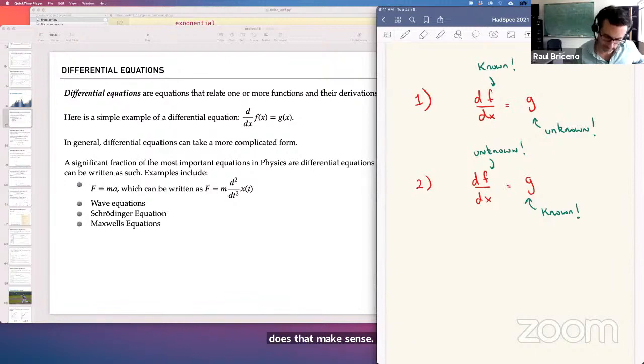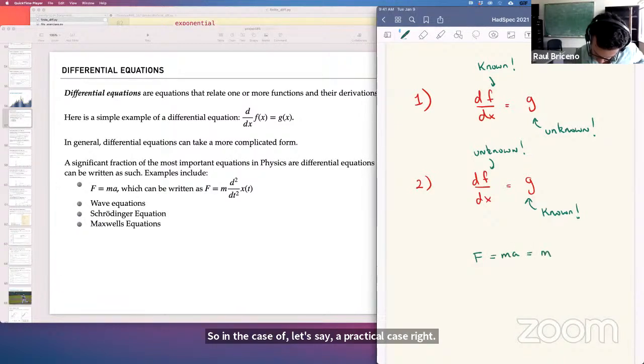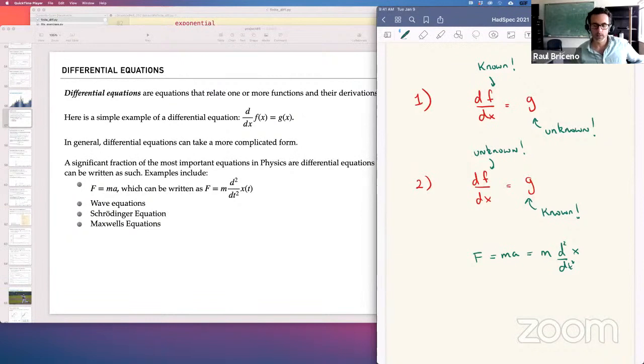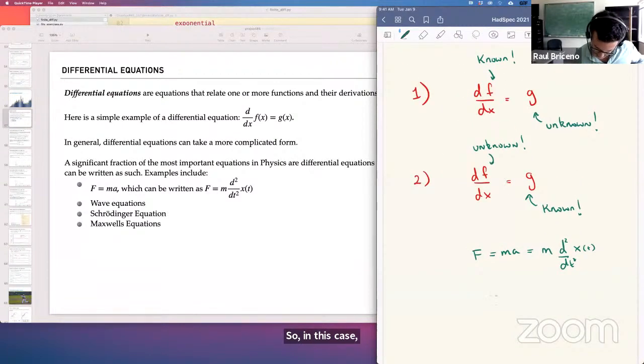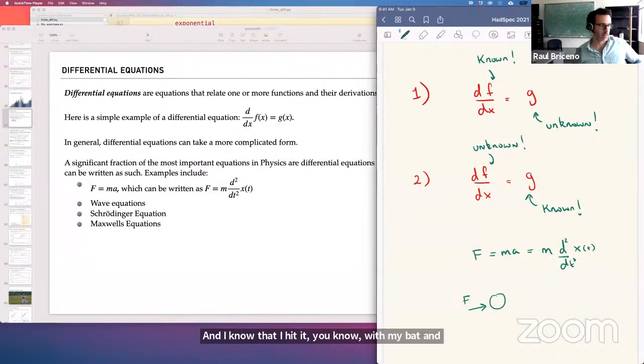So in the case of, let's say, a practical case, right? Of Newton's law. So you have this thing, right? So in this case, you can imagine that I have some object, let's say I have some ball, and I know that I hit it with my bat, and I apply some force, let's say.